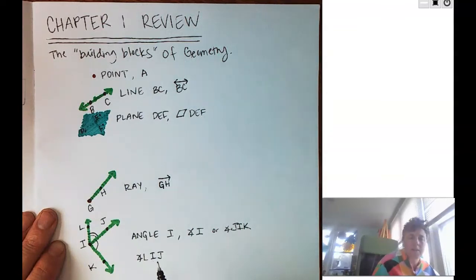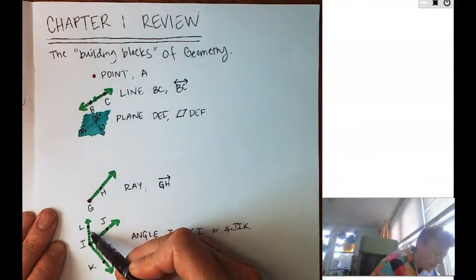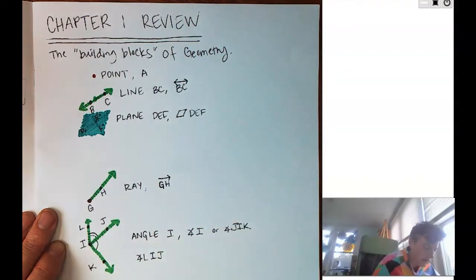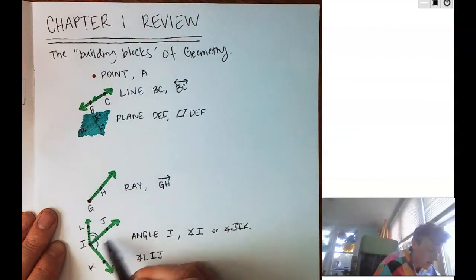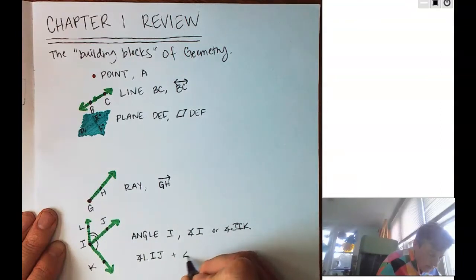Oh, we've actually made another angle by doing that, we didn't even try to. We made a big angle. Angle LIK. Because if we add LIJ to JIK, we make a big angle.